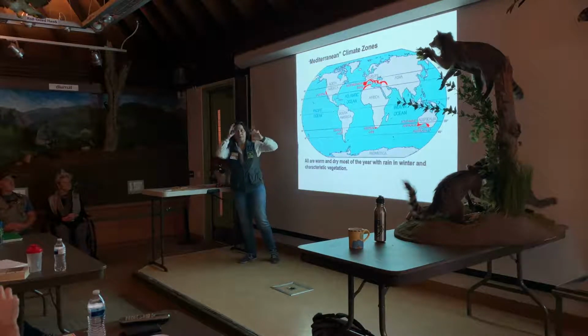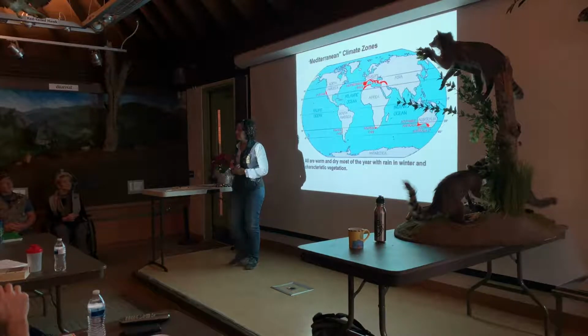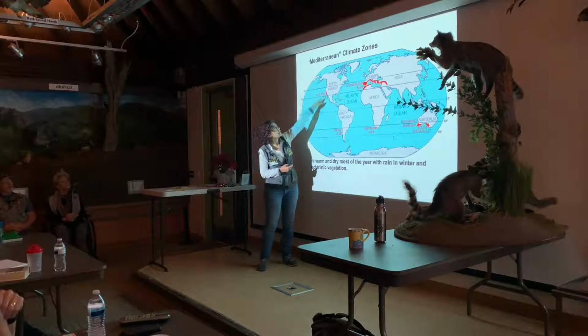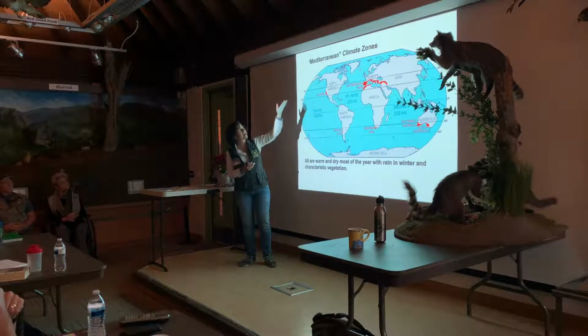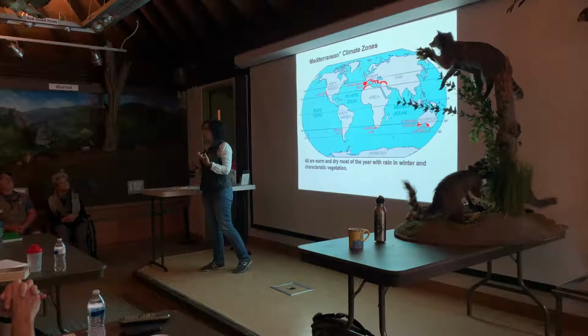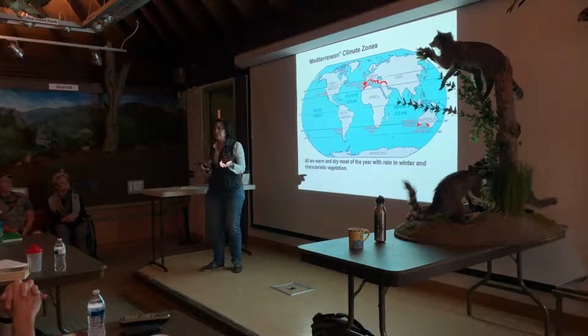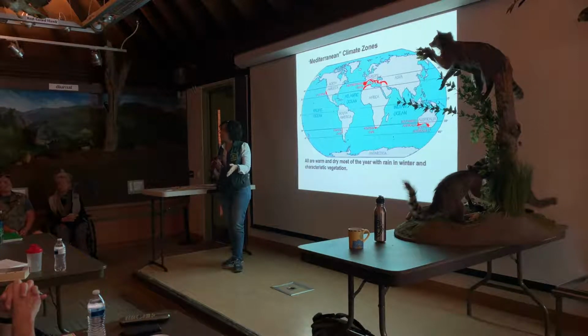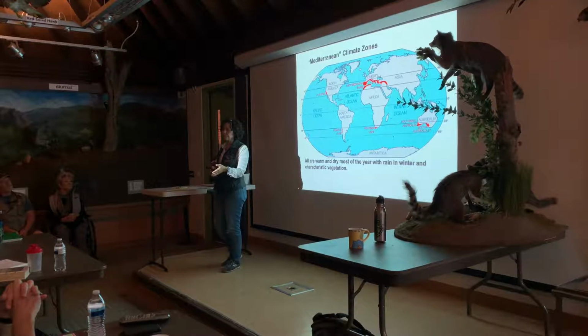So let's get a little context on our living environment here. So we are here in Placerita Canyon, here in Southern California, right about there. We have a climate called the Mediterranean climate that determines what kinds of things can live here in our home in Placerita Canyon. There are other places in the world that have very similar climate that's dry most of the year, rain in the winter, right? Usually, right?